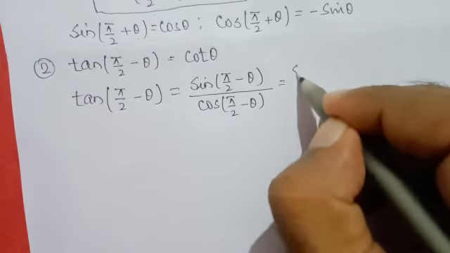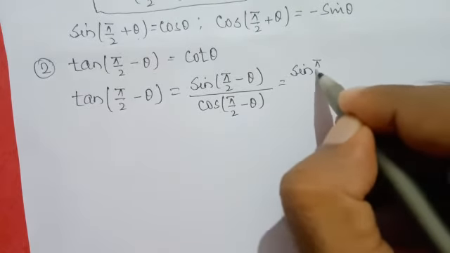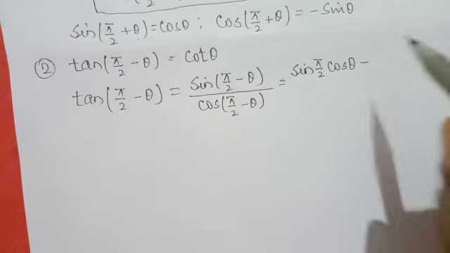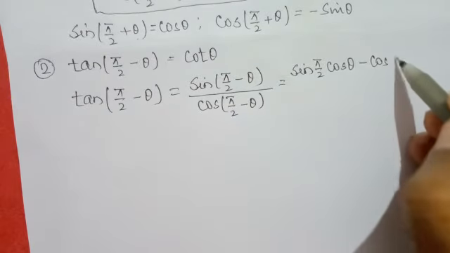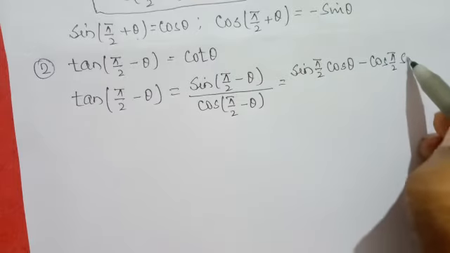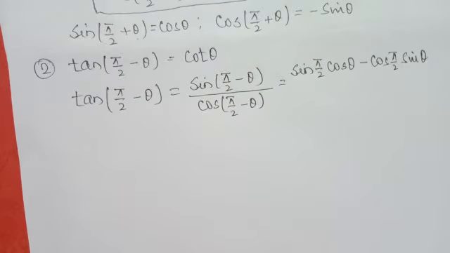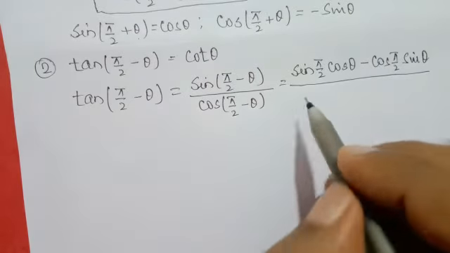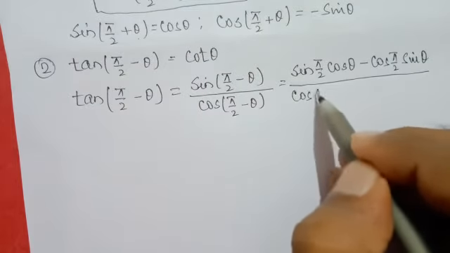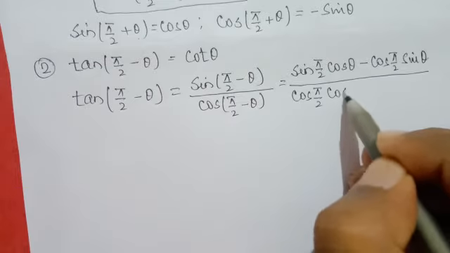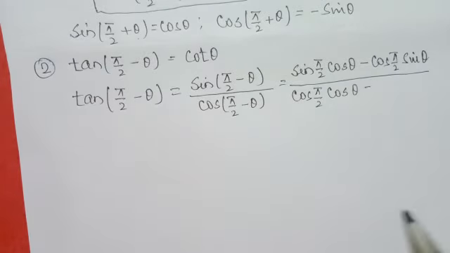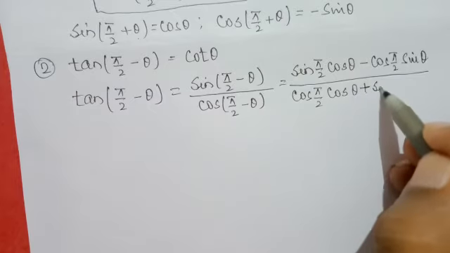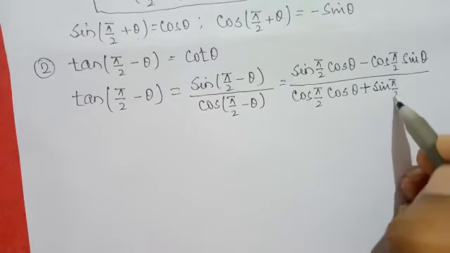So it should be sin A into cos B minus cos A into sin B. Similarly, in the denominator we have cos A into cos B plus sin A into sin B.